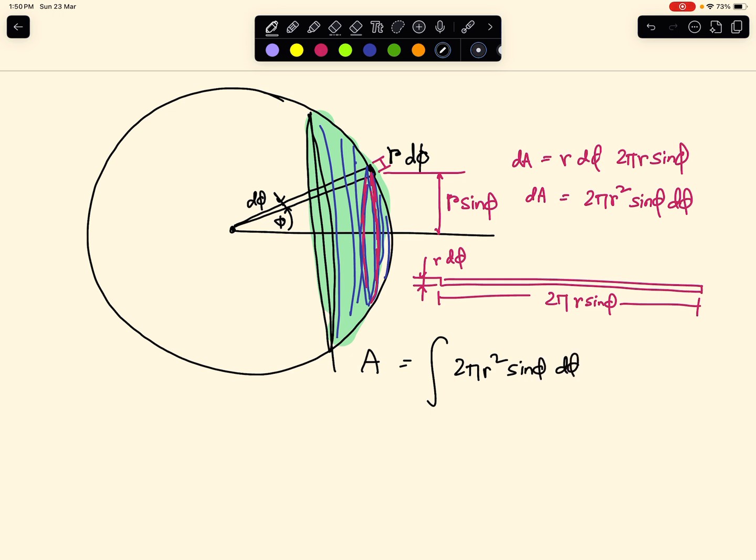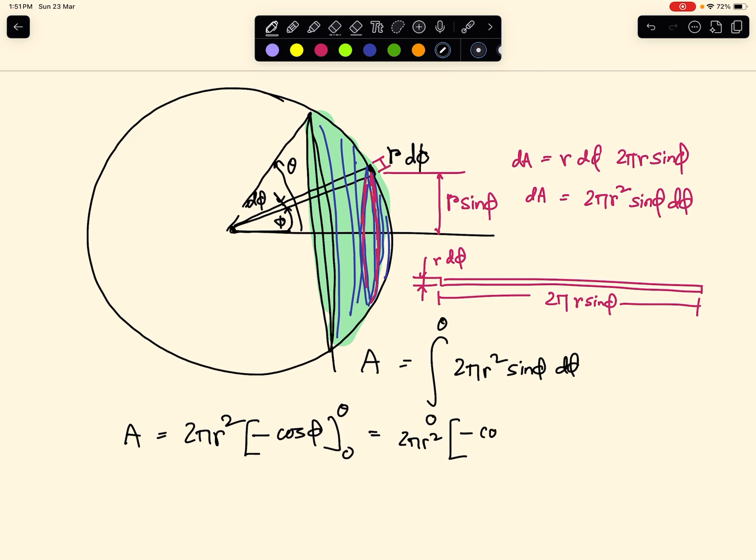Now integrate from, keeping phi as a variable, 0 to theta. So it is 2 pi r square, and the integration of sin phi is minus cos phi. From 0 to theta, that means it is 2 pi r square into minus cos theta minus of minus 1, which gives plus 1.